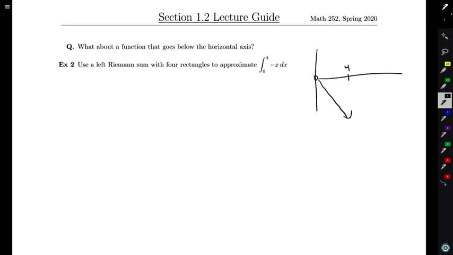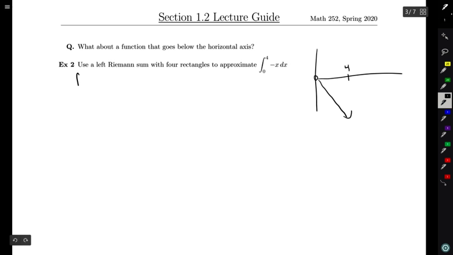And since this function lies below the x-axis, we actually can't really use our geometric picture to help us very much when we're doing this area approximation. So instead we're going to use our algebraic approach to Riemann sums, which is to use a little formula that we have.